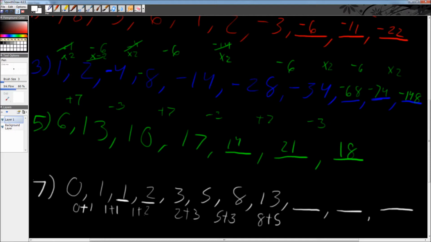To get this number, we add 13 and 8. 13 plus 8 is 21. For this number, we add our 2 previous numbers, 21 plus 13, 34. And to get our last number here, we add our 2 previous numbers again, 34 plus 21. And that gives us 55.